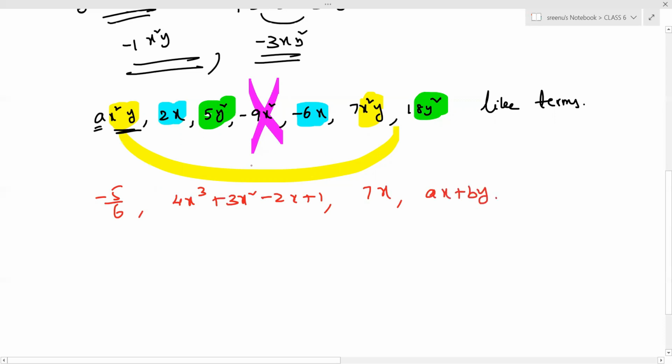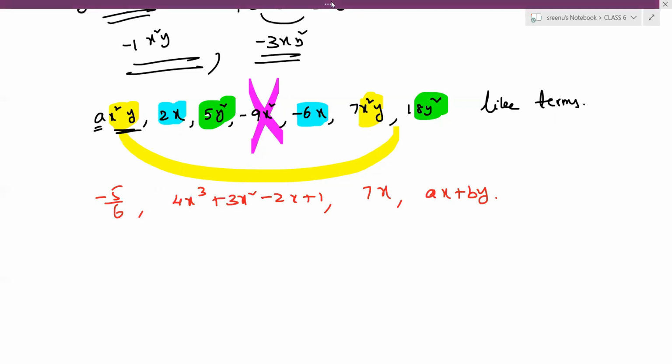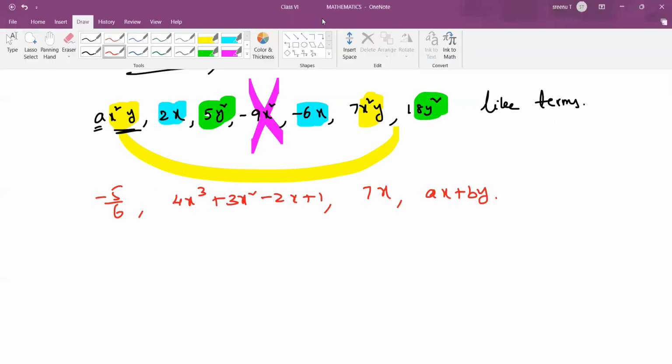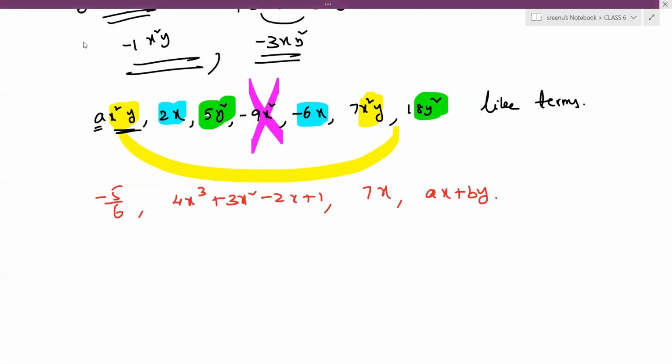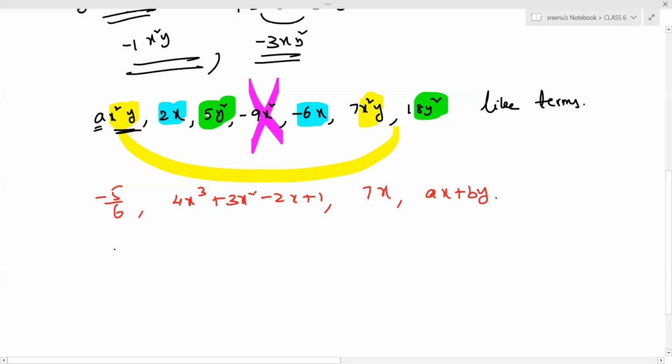Now, among these, we have to recognize monomial, binomial, trinomial, or constant. Okay. First, constant. Let me write here. Constant term. Which terms do we have to recognize? Constant term. Next, monomial. And then binomial. Next, polynomial.